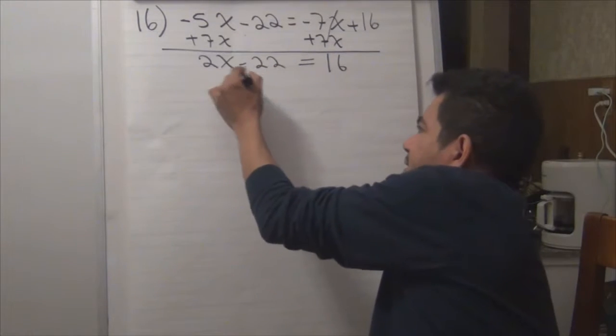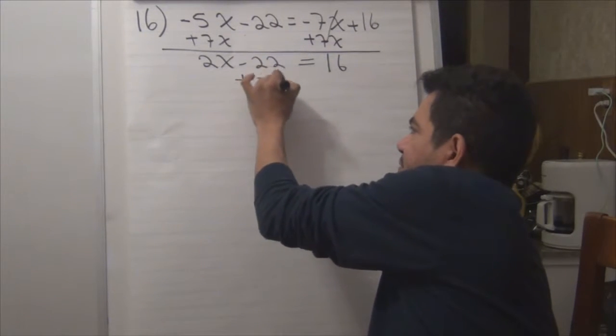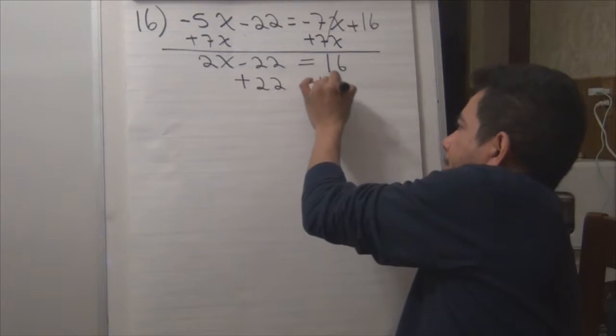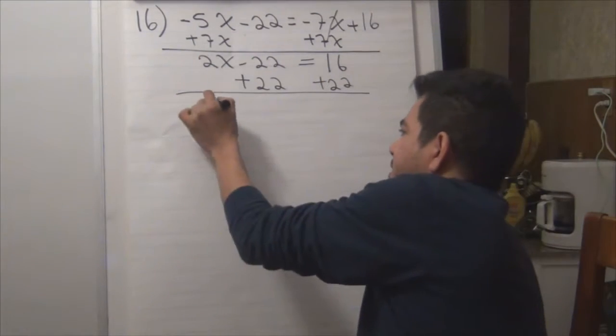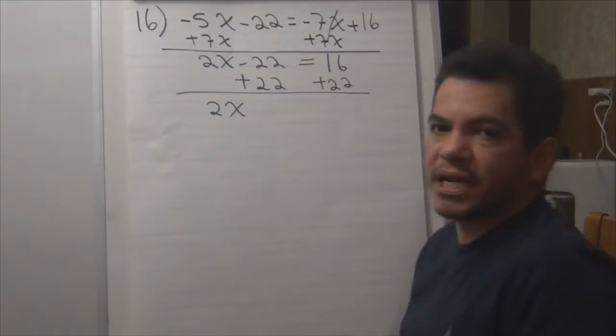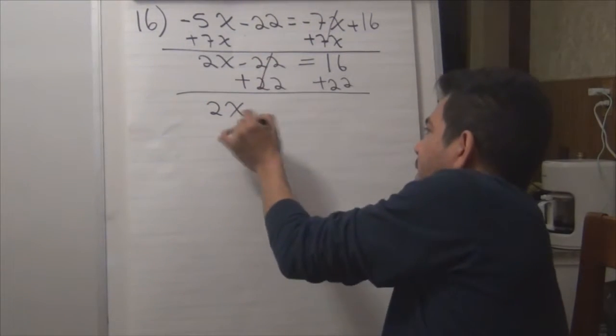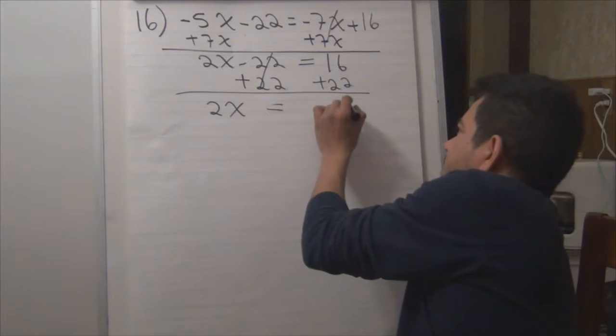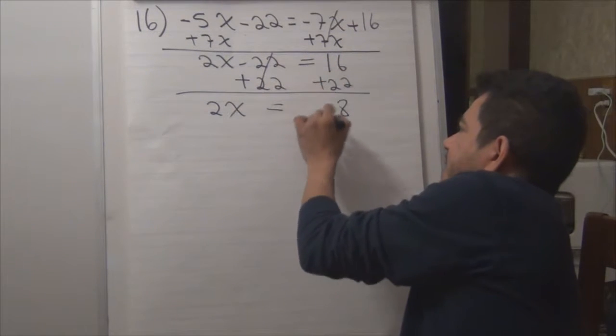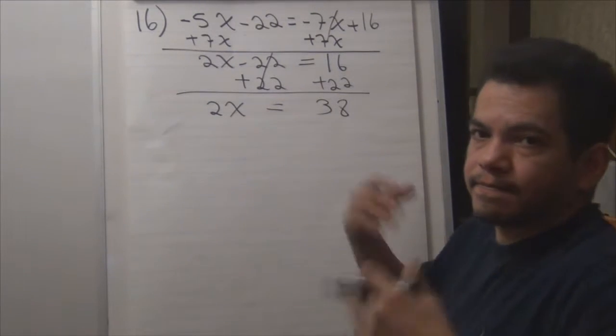So that's exactly what I'm going to do. Additive inverse of -22, positive 22. So you bring down the 2x, right? And then 16 plus 22 is 38.